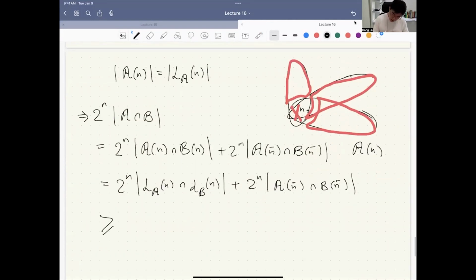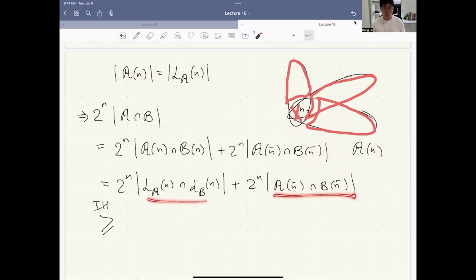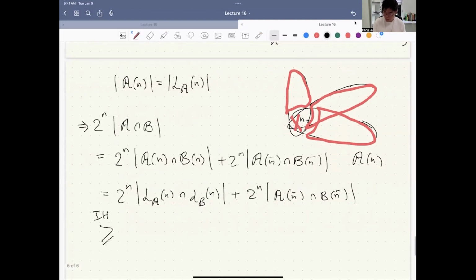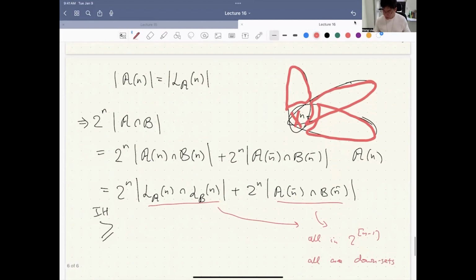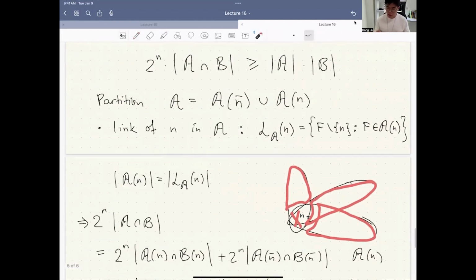Good. Now we can apply the induction hypothesis. All these families are in 2 to the n minus 1, and they are still all down sets. This is easy to check.